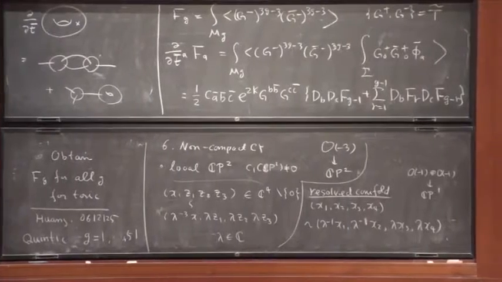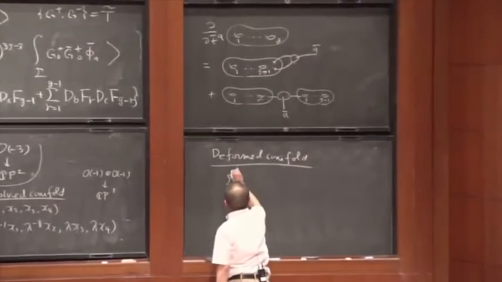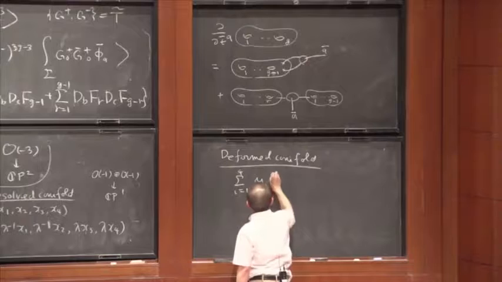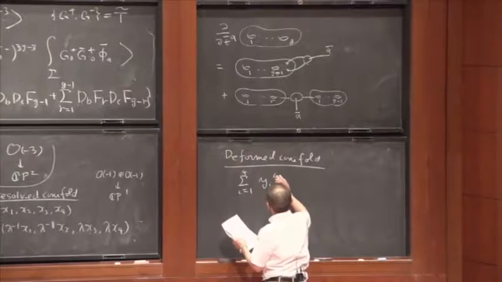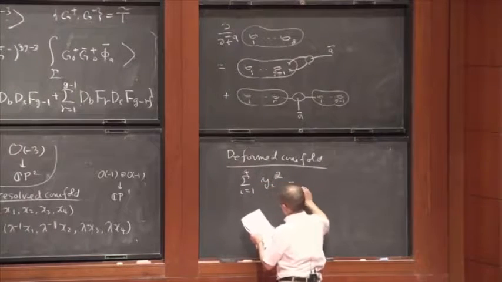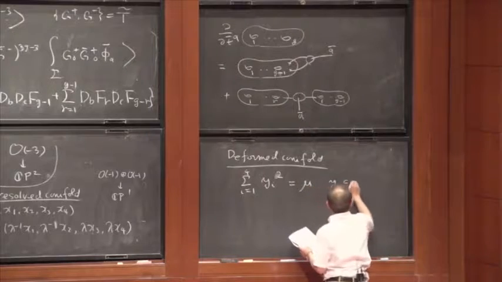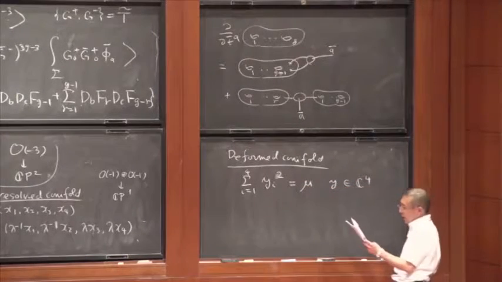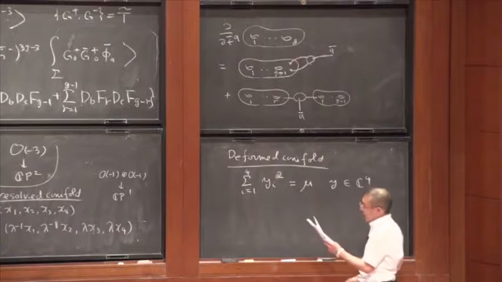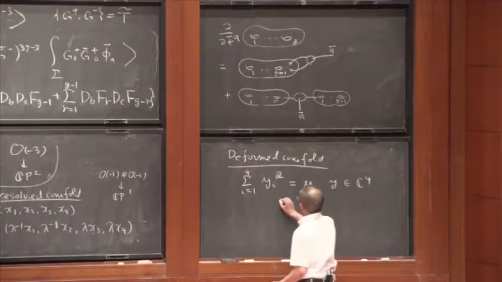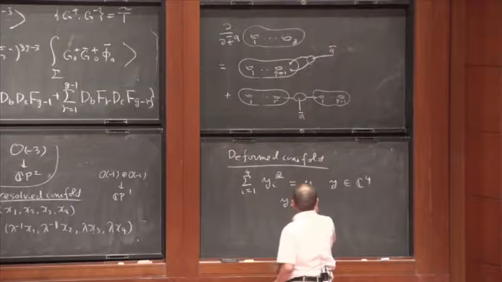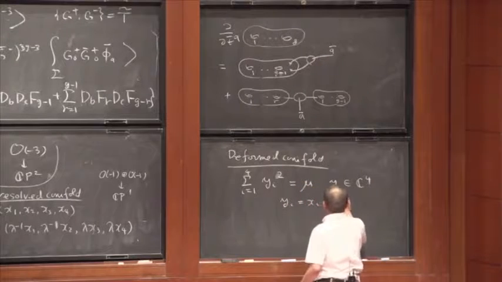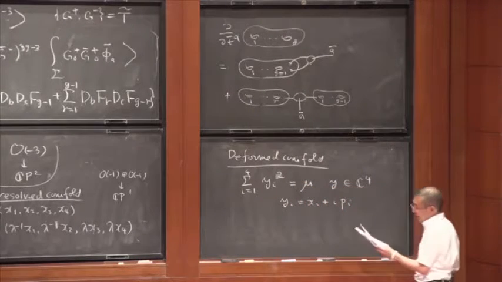Which is given by this equation, where y is an element of C4. So if mu is real, it is convenient to write y_i in terms of real part and imaginary part.